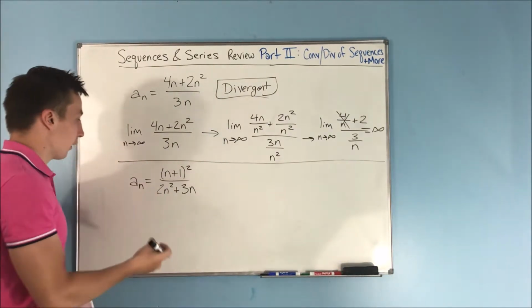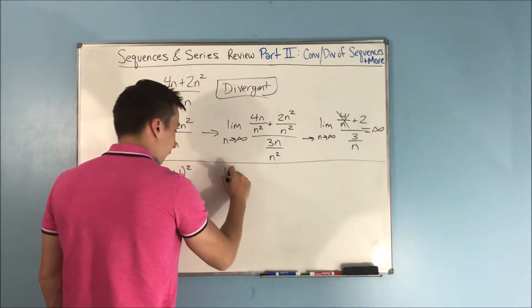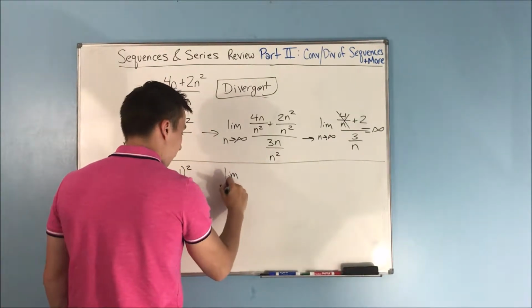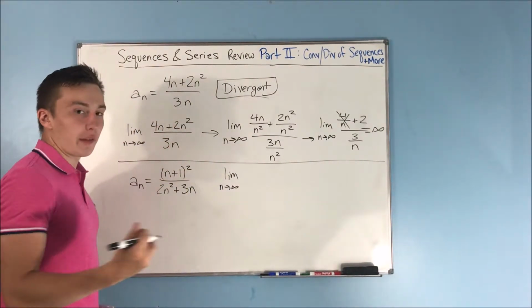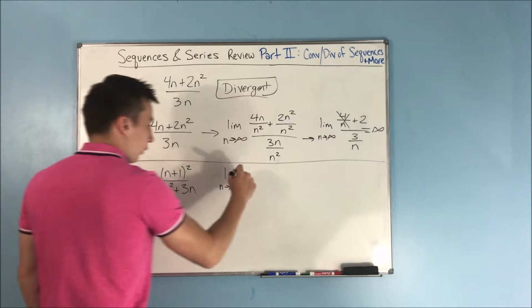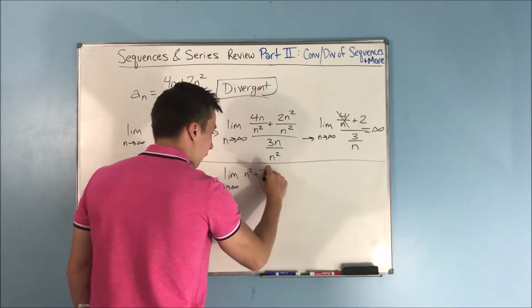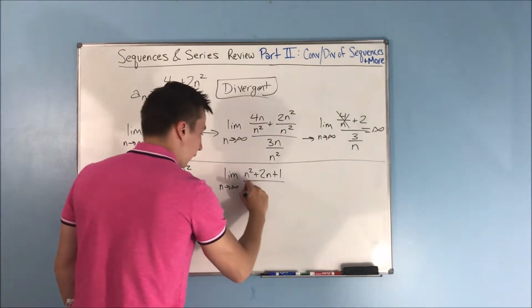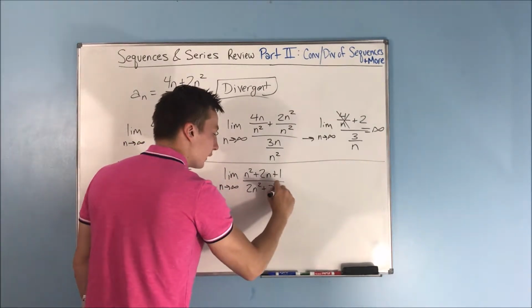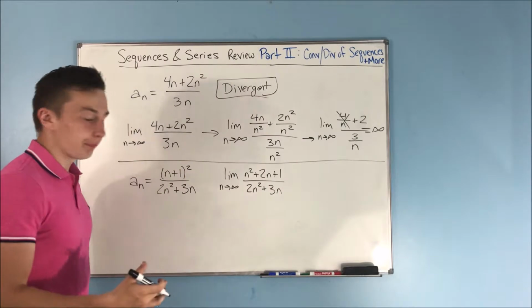It does become a lot clearer when you take your limit as n approaches infinity, if you distribute this out, or FOIL it out. We get n squared plus 2n plus 1 over 2n squared plus 3n, and now it's a lot easier to see what's going to happen.